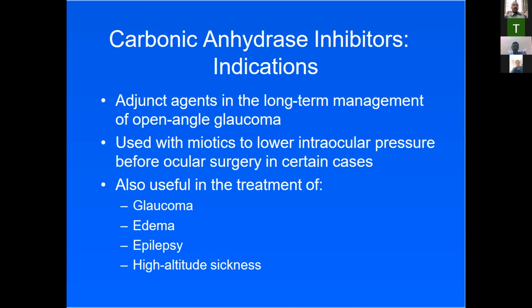That is in the eyes. This drug has to be given earlier to produce a reduced intraocular pressure for ocular surgery. These drugs are also useful for the treatment of glaucoma, edema, epilepsy, and high altitude sickness. Next, sir.